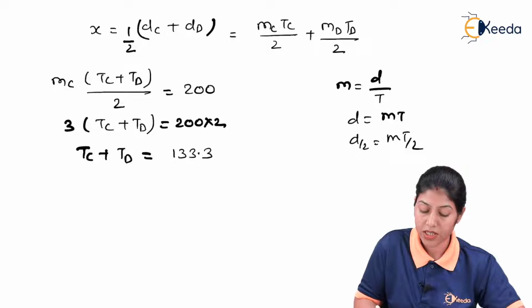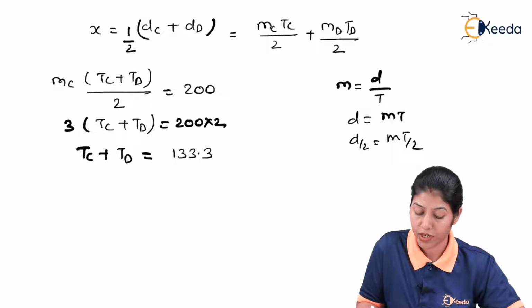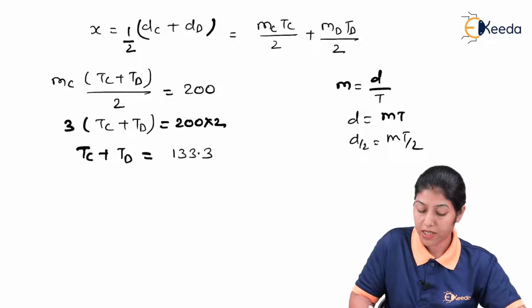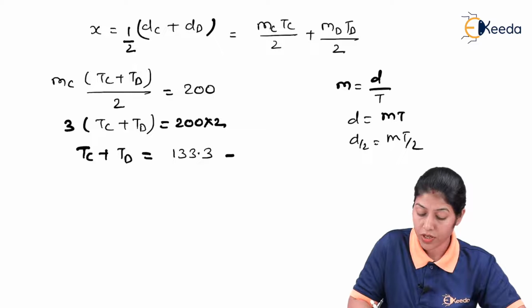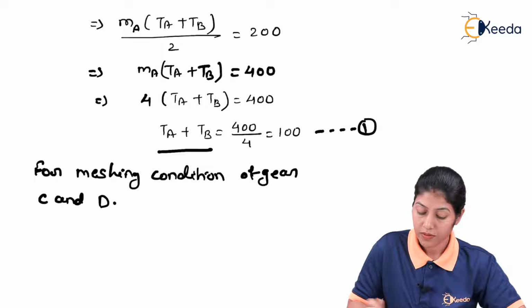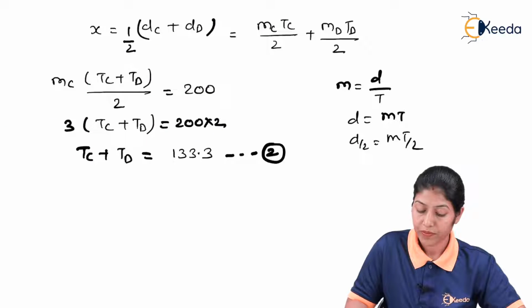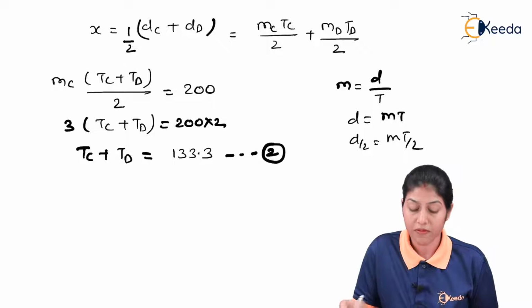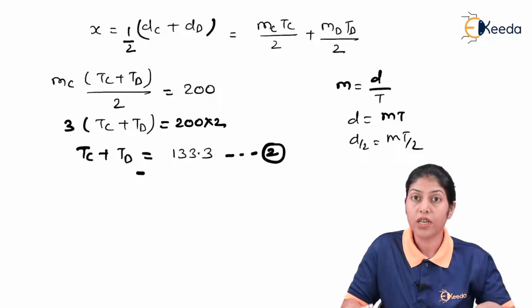After calculation, we get TC plus TD equals 133.3. So here we have this particular equation as equation 2. So here we have two equations, equation 1 and equation 2. Now on the basis of these two equations, we will define the number of teeth on each and every gear.